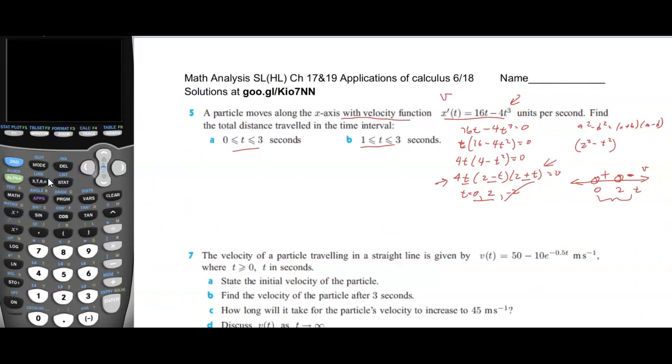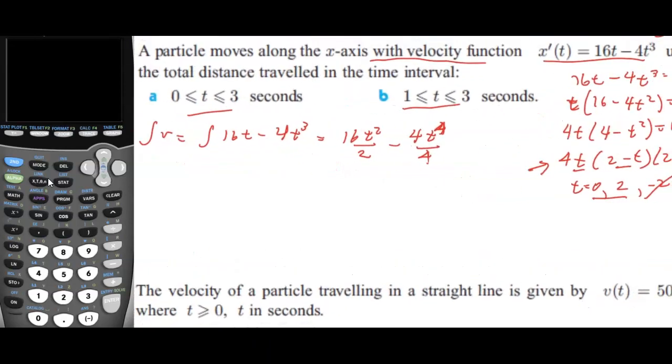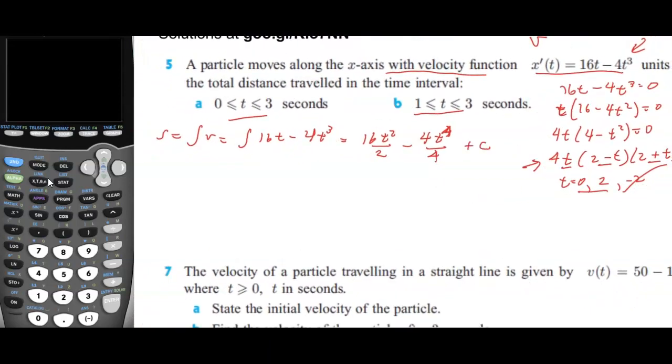The s function we can find by taking the integral of x dash, which is equal to the integral of 16t minus 4t cubed. And that's equal to 16t squared over 2 minus 4t to the fourth over 4, plus c.